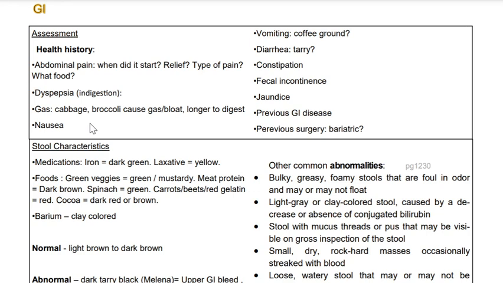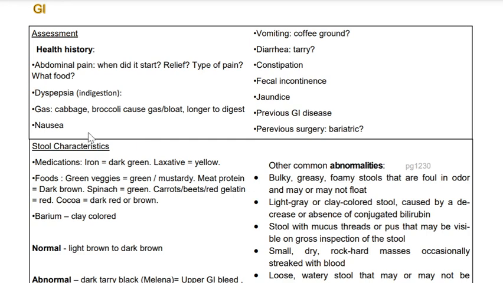So cabbage can cause gas if a person eats a lot of that. Broccoli also can cause gas and bloating, and they take a little longer to digest. So just be aware that if someone has a problem with too much gassiness, they may be eating something that's causing it.